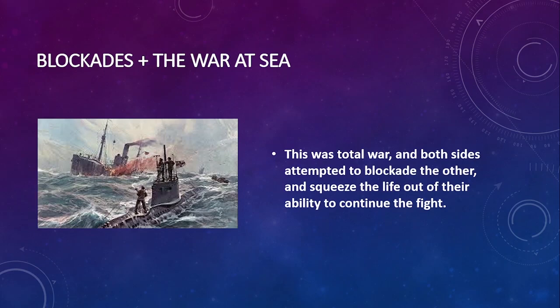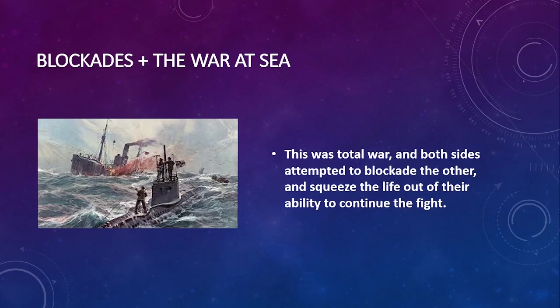That World War I was a total war could also be clearly seen in the war at sea. Britain, as a small island, relied totally on sea routes to adequately supply its military and its civilian population.